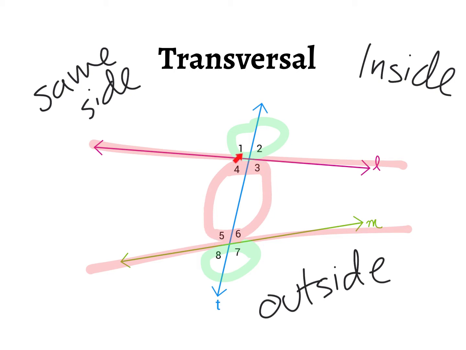Those are inside the 2 lines. And then we have outside angles or exterior angles, and those are the green angles that I circled. Those are the ones on the outside of the picture. So 1 and 2 and 7 and 8. Those are on the outside of the 2 lines. So we're going to use these 3 keywords to reference all the other ones, and if we understand these 3 keywords, we should be in a good place.